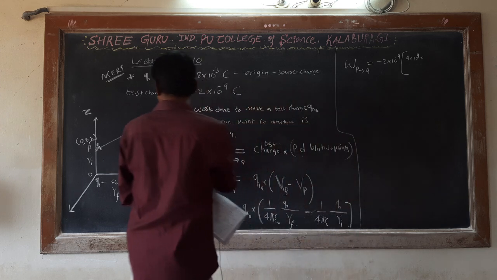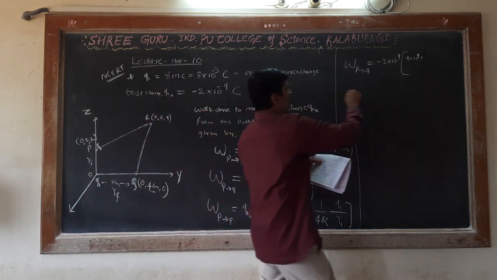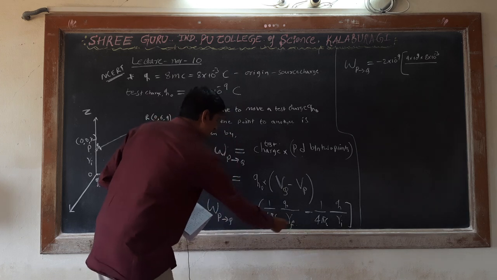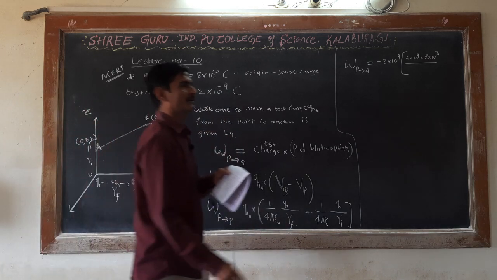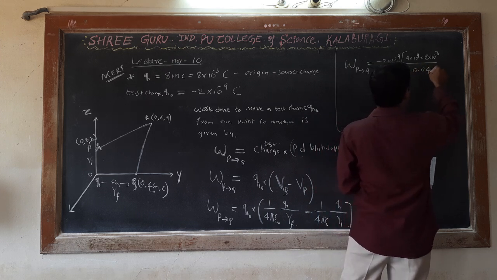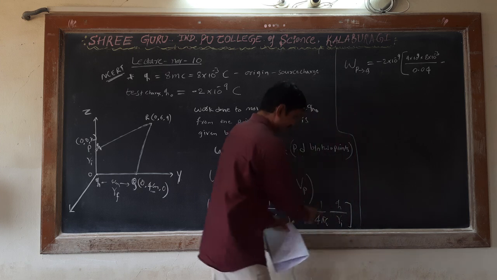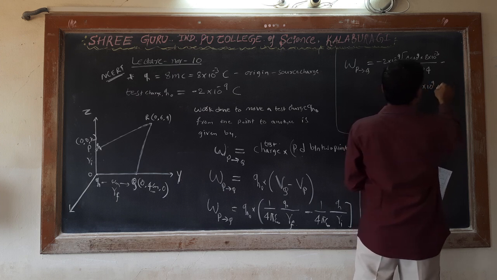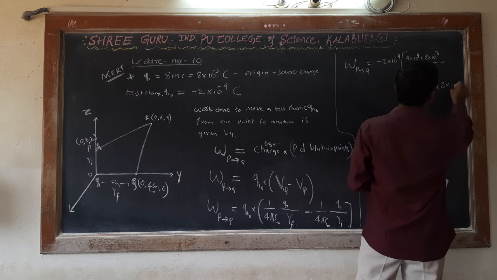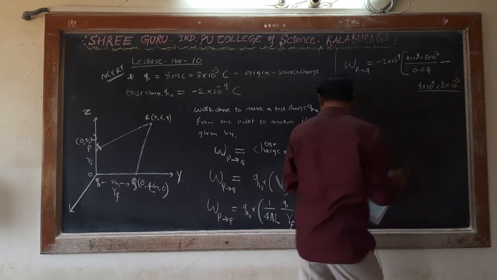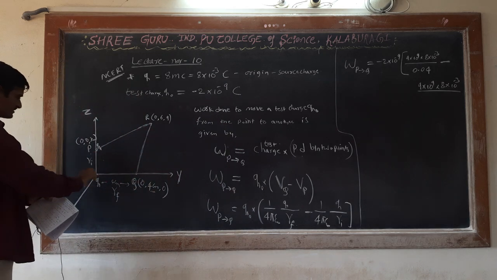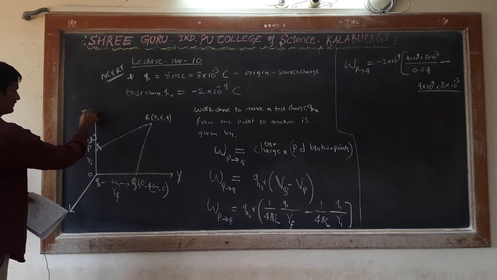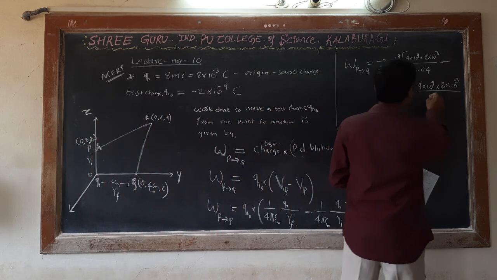And charge Q, the source charge, is 8 millicoulomb, that is 8 into 10 to the power minus 3, divided by distance RF, which is 4 centimeter, that is 0.04 meter, minus 1 by 4 pi epsilon naught, once again 9 into 10 to the power 9, small q that is 8 into 10 to the power minus 3, and the distance is 3 centimeter, this is the z-axis, so that is 0.03.